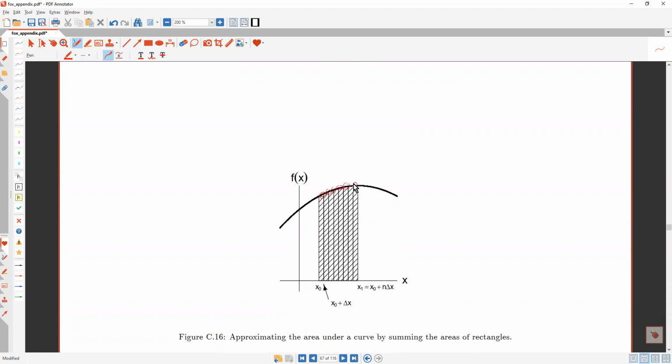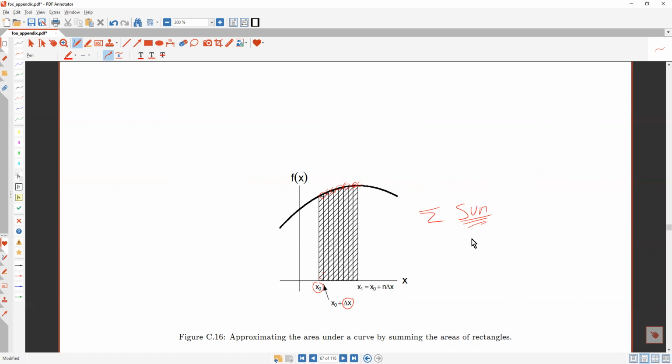So the approximation isn't perfect, but still we're showing that we can take a value, add a little bit of change, produce the rectangle, and have a whole bunch of rectangles. If you want to know the actual area under that curve, the solution is to sum them up, right? You are going to sum all of those rectangles.